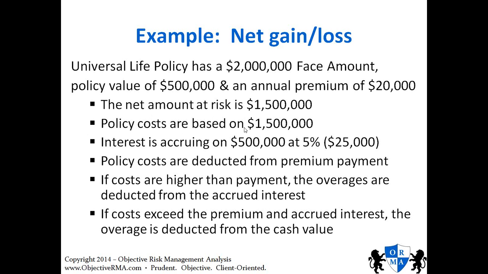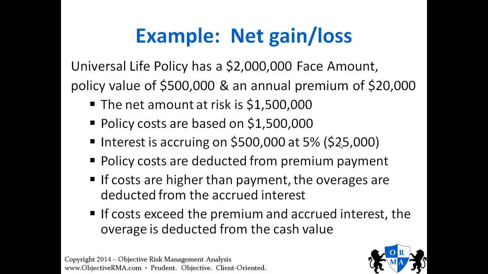And the costs are based on this $1.5 million amount because they're not going to charge you costs on your money. They're only going to charge you costs on what they're exposed to. And you make interest or dividends because it's a universal life policy. We're going to credit interest. And I just picked a number, 5%. It's a little generous for today's market, but I used 5% in this example.